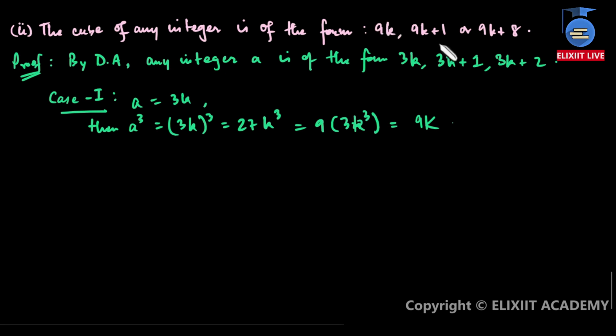So it is of the form 9k, where k is 3 into small k cube.